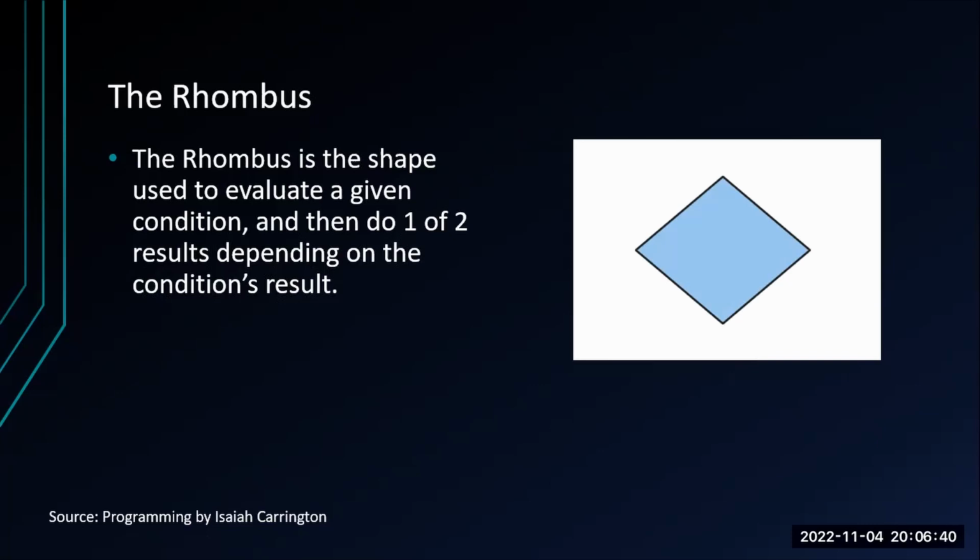So as long as the condition hasn't been met, it will flow down a certain line, and then when that condition is met, it'll have a separate branch for when it breaks out of that loop.